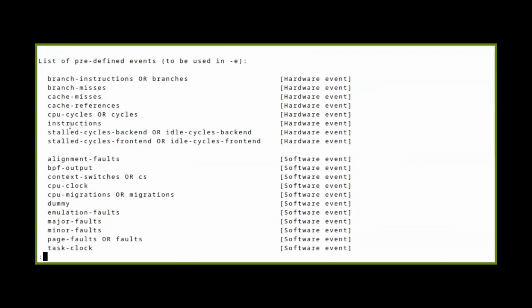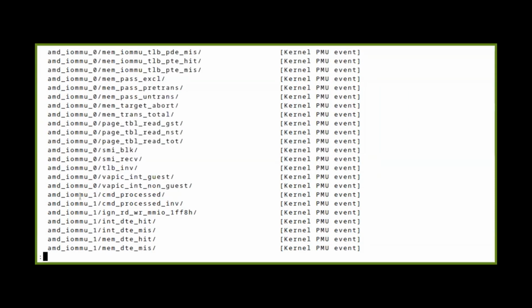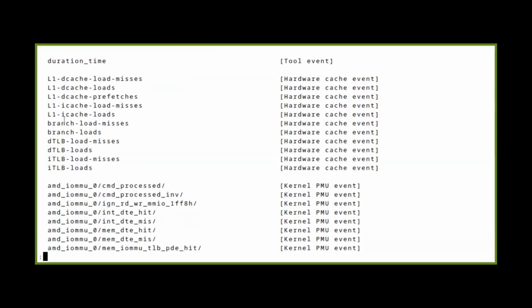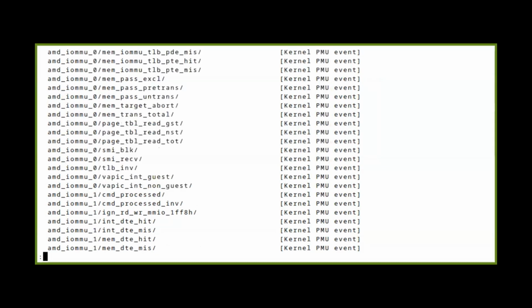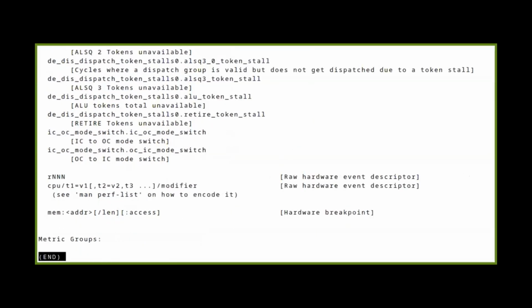It's got the basic things that you would expect, like CPU cycles, but now we're starting to get AMD specific things. Some of them are actually equated. So for instance, L1 caches, TLB information is something that we don't often talk about, but is pretty important, I think. So this is all IOMMU stuff, kind of in abundance.